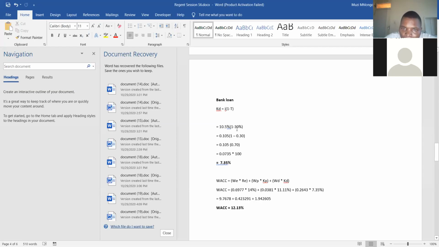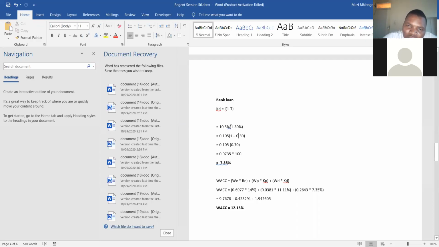And then 1 minus 30. So, to be in a good position to solve this, you can change that percentage to a decimal so that you can subtract it from that 1. And then just convert it back.